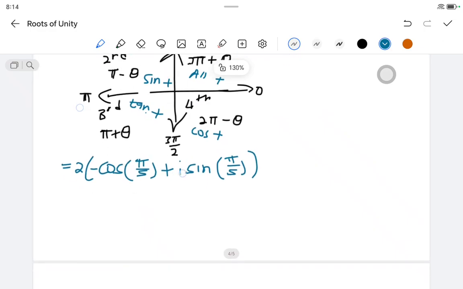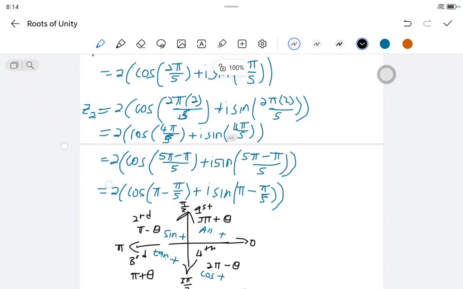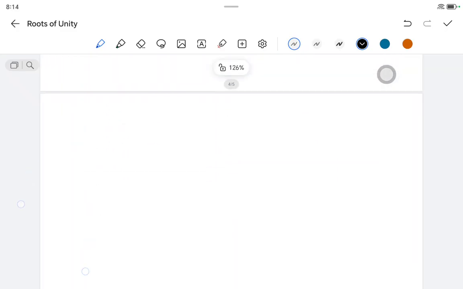Right? So now we check the second one. Was this Z1 or Z2? We check Z3.